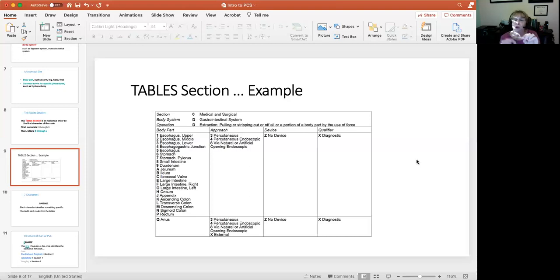The only time you code a device is when the device, whatever they're putting in, the J stent, or a stent in the heart, or a graft, whatever it is, stays in the patient after they close up and go home. That's the only time that you will report a device.